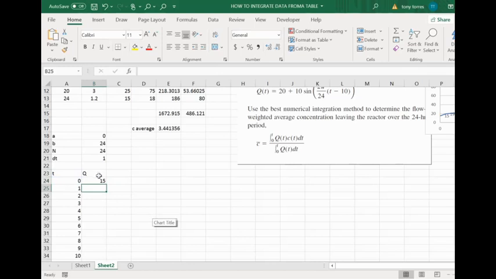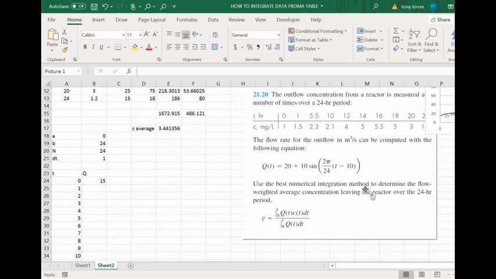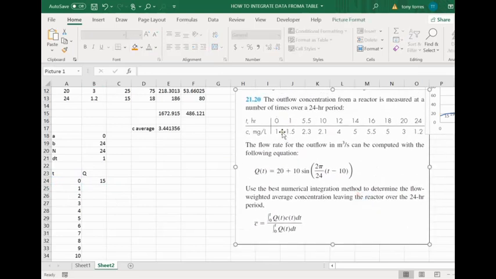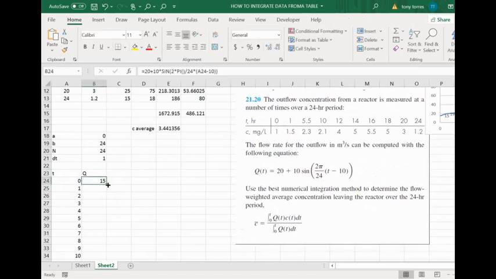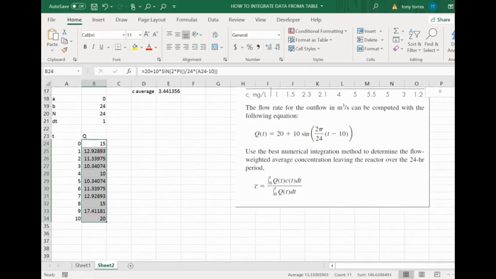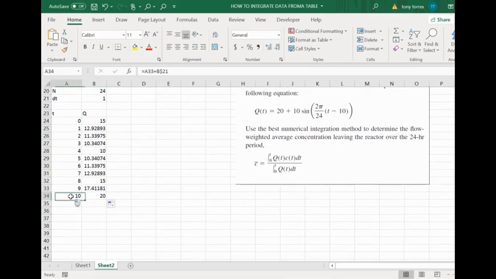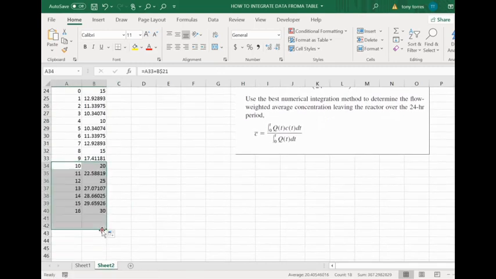Obviously when it's 0 it is 15 as above. But here's the part: 2 is not in the table. You see, 2 is not in the table, but since it is a function, it will be calculated. No problem. And now let's go. Let's get this to 24, which is what I need. A little bit further. 2 more.